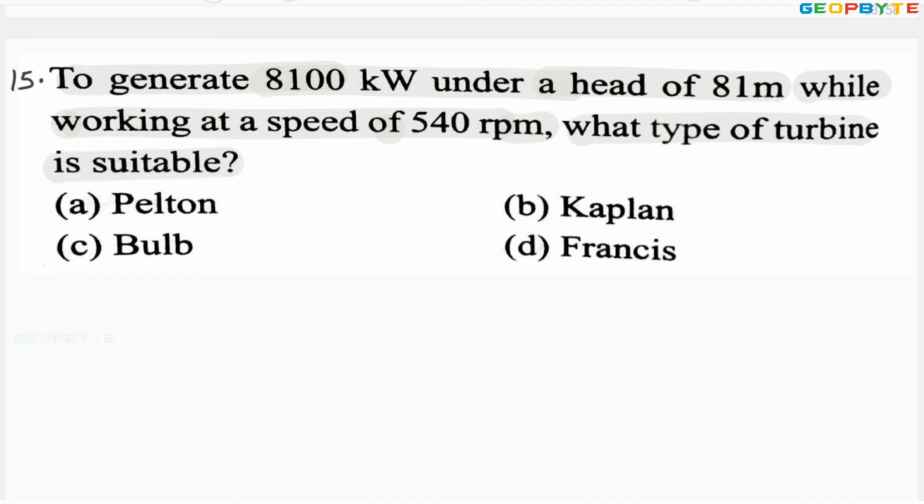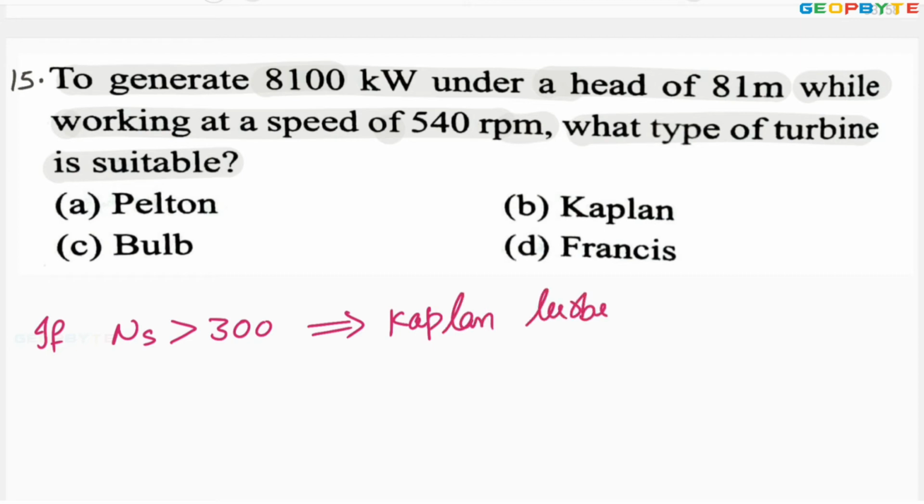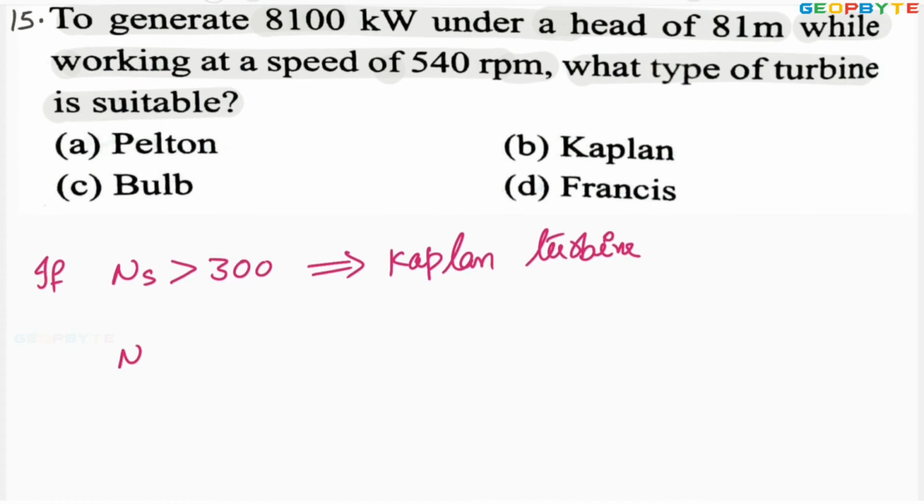Dear friends, the selection of turbine is generally based on the specific speed. If specific speed ns is greater than 300, you can select the Kaplan turbine. But if the specific speed is less than 30, you can select the Pelton wheel.